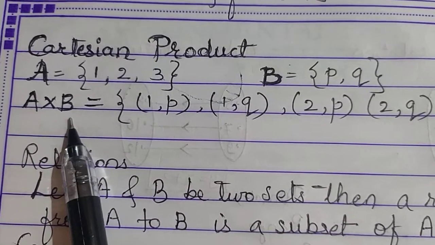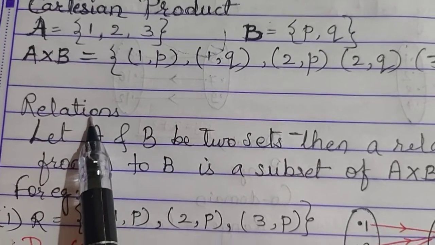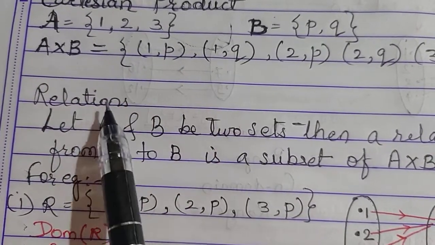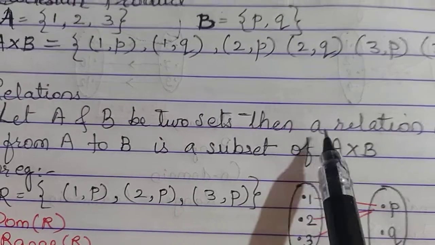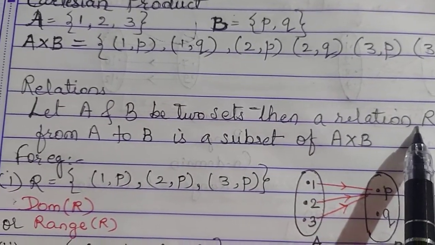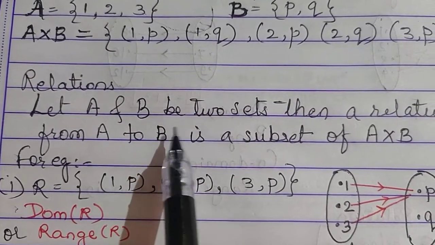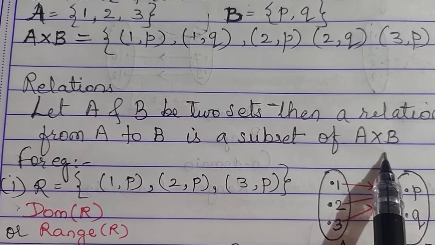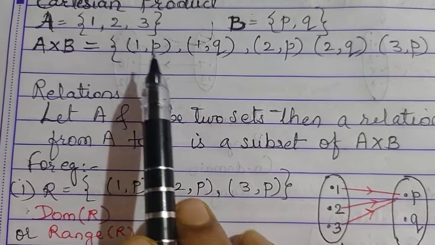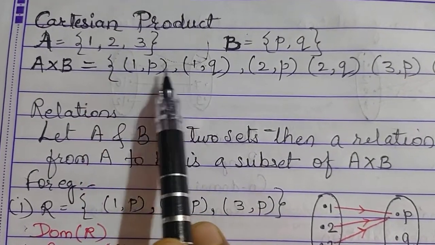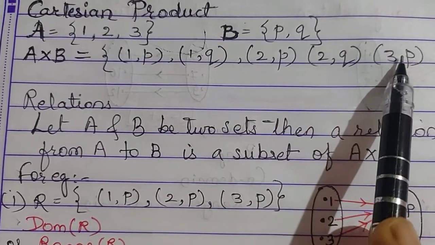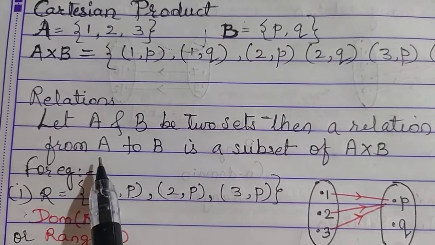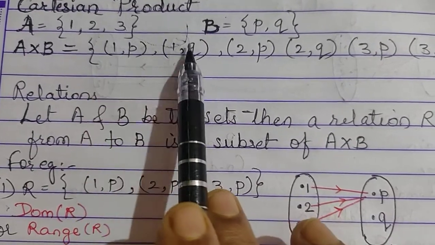This is the simple concept. Now what is a relation? Here again these are the two sets, A and B. Then relation R, this is relation R from A to B, is a subset of the Cartesian product A cross B. So we can say that any subset of the Cartesian product A cross B is a relation. So you can consider any subset.